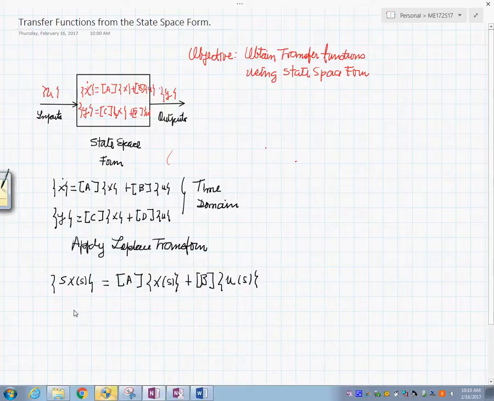And then we have over here that y of s is equal to C times the vector x of s plus the matrix D times the vector u of s.